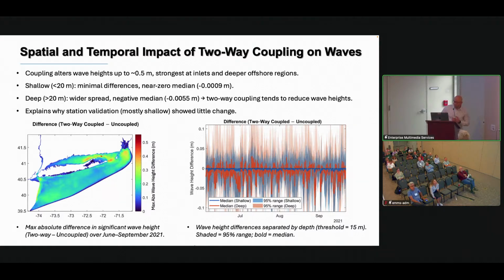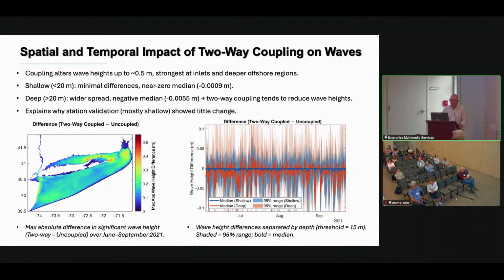The left figure shows the maximum absolute wave height difference between two-way coupled and uncoupled. We see where those maximum values are, mostly at the inlets and deeper offshore regions, and it can be up to 0.5 meters. In shallow areas, where the depth is less than 20 meters, we see the difference is minimal.